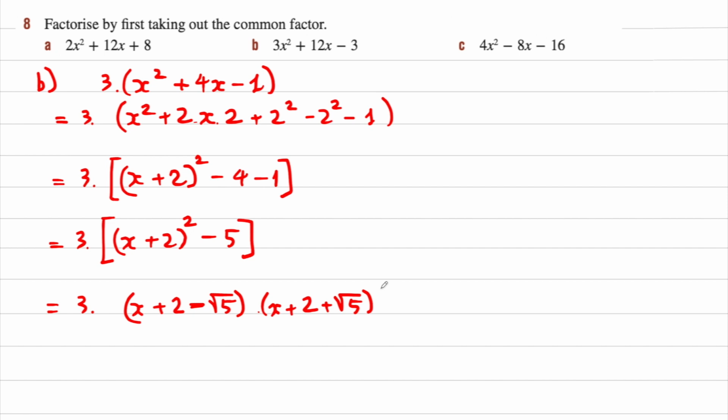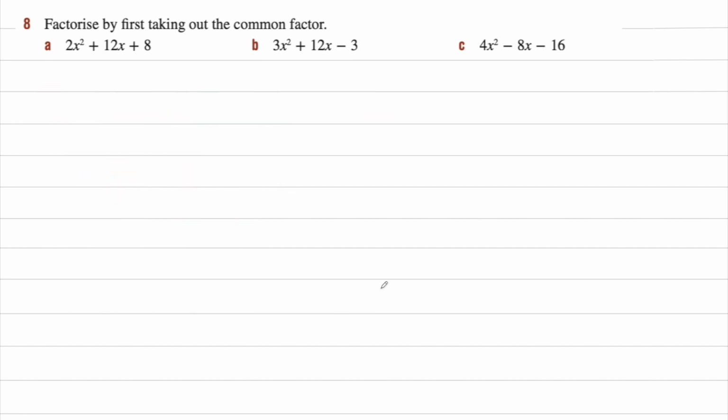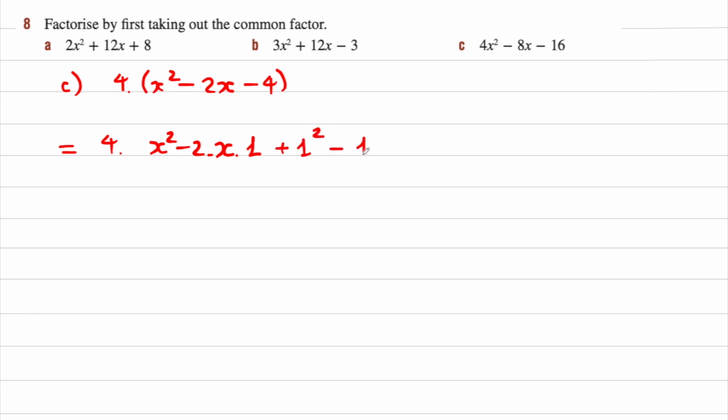Move to question C. You have 4, so take 4 outside as the common factor: 4 times x squared minus 2x minus 1. Here is 4 times x squared minus 2 times x times 1 plus 1 squared minus 1 squared minus 1.